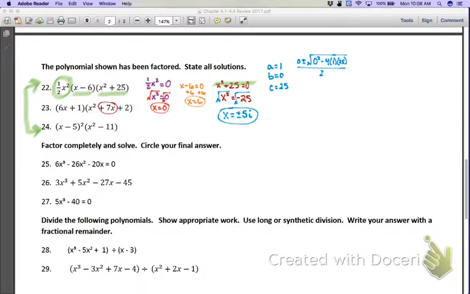That would have been okay. We still would have ended up with plus or minus the square root of negative 100 over 2. Well, the square root of negative 100 is plus or minus 10i. We would have had to divide it by 2, so we still would have gotten plus or minus 5i.